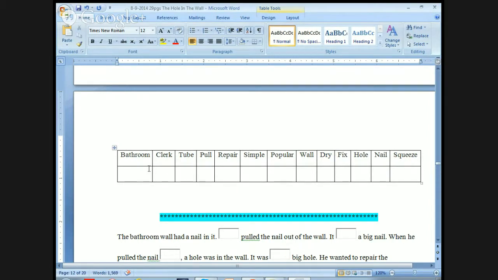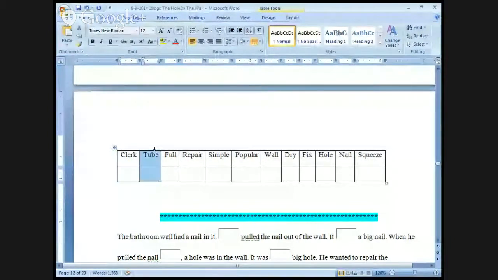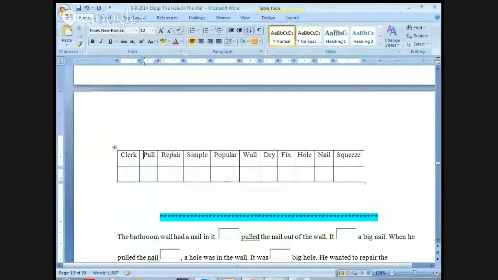Okay, I like to repair everything that is broken. So the last time I went to the bathroom, I saw a tube broken. I had to fix it. I went to the shop and I bought a product to fix it.